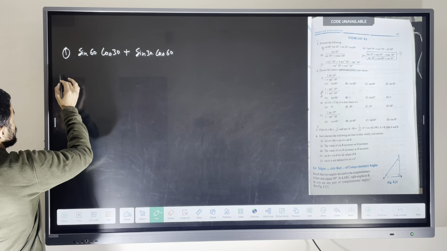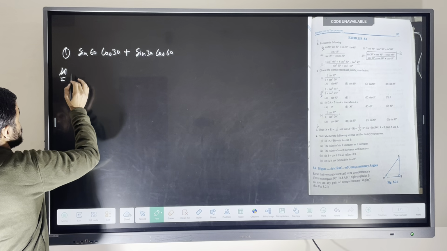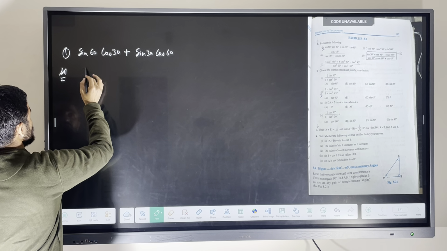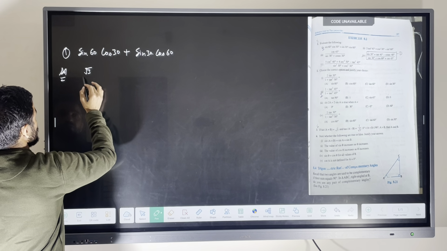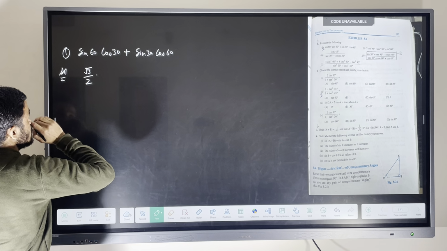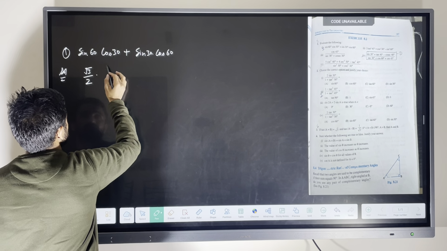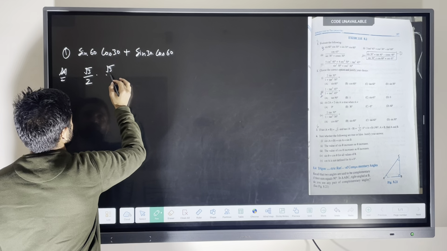So if we solve this question, now what is the value of sine 60? It is root 3 by 2. What is the value of cos 30? It is also root 3 by 2.